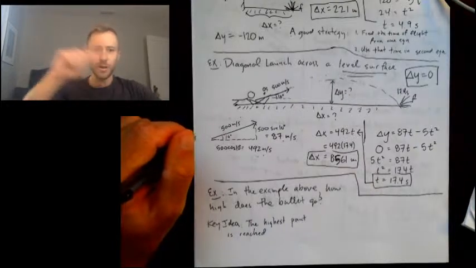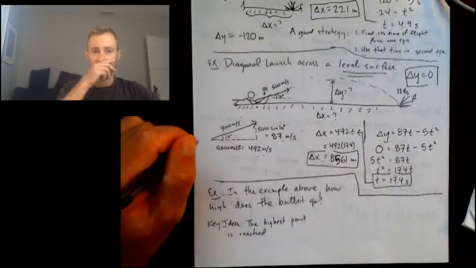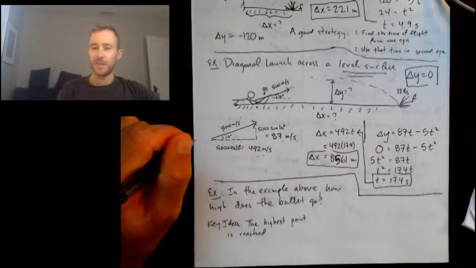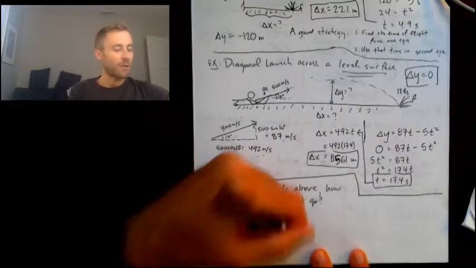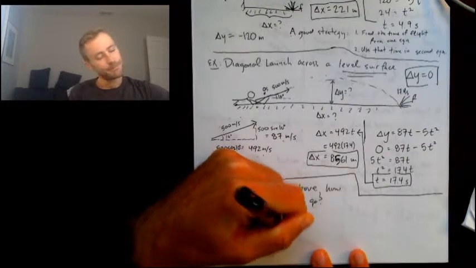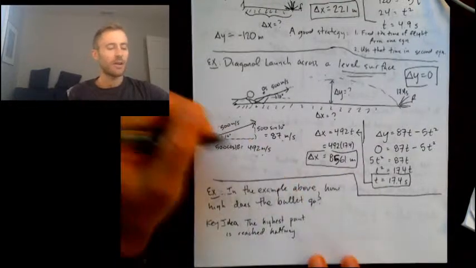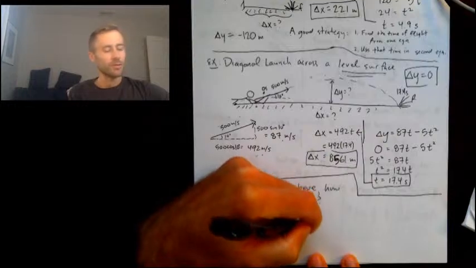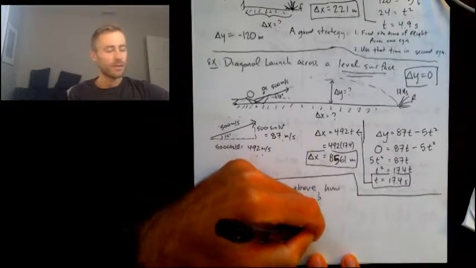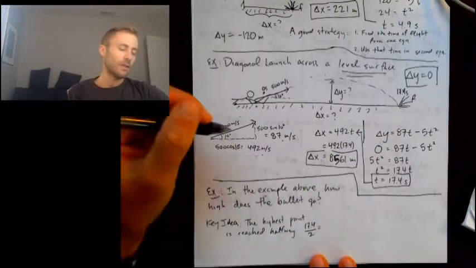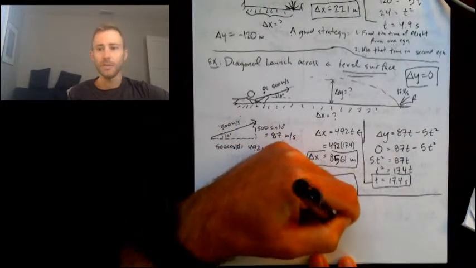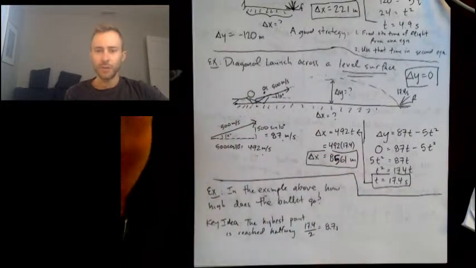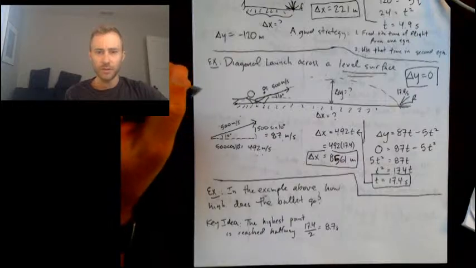If the entire flight was 17.4 seconds, then we're going to reach the highest point halfway. So that would be 17.4 over 2, which is 8.7 seconds. So the highest point is reached 8.7 seconds into the journey.